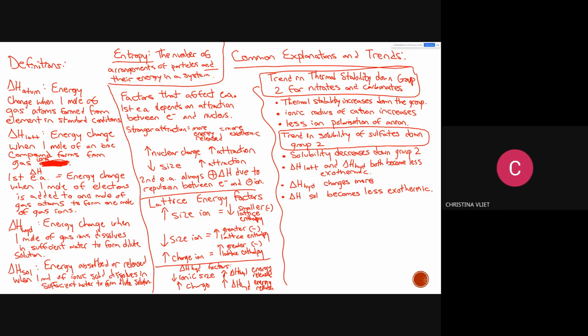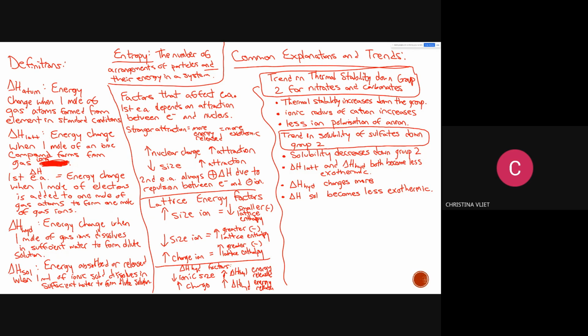So I thought about it last night, trying to figure out a way to memorize this. Remember that the solubility decreases for sulfates and it increases for hydroxides. Those two factors are opposite. And for one, the delta H hydration changes more, and for the other, the delta H lattice changes more. So I thought, what if I just said sulfate is sulfide?